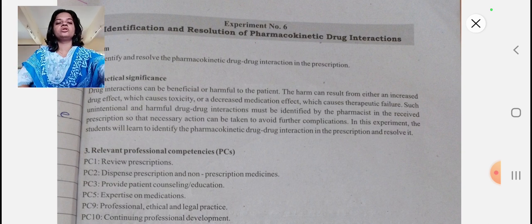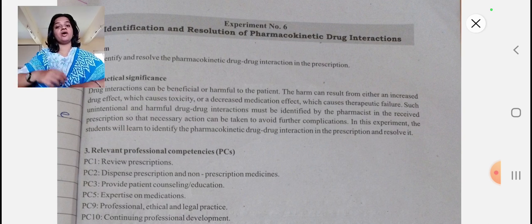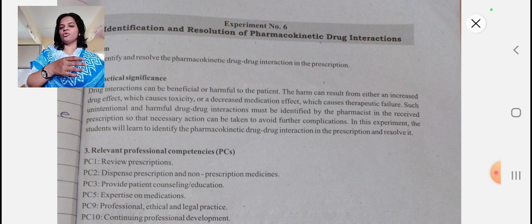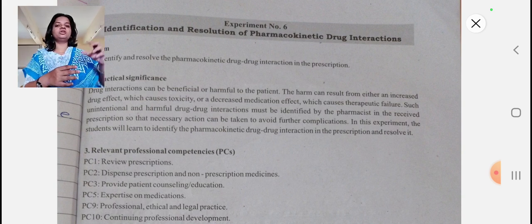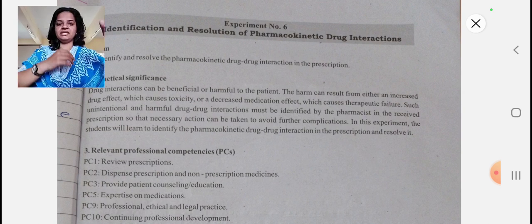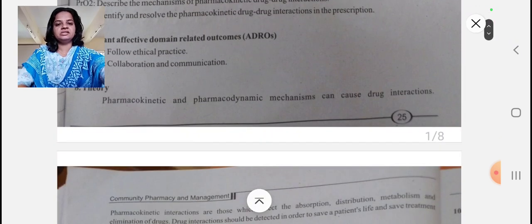Here we are going to see what pharmacokinetic drug interactions are. First, pharmacokinetic and pharmacodynamic: pharmacodynamic is what the drug does to the body, and pharmacokinetic means what the body does to the drug. Now we will see the theory behind this.